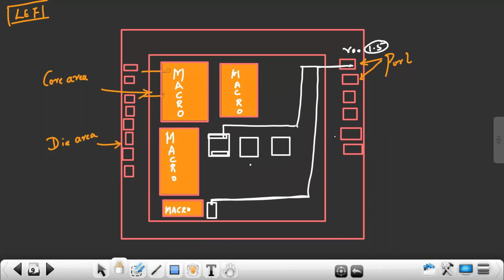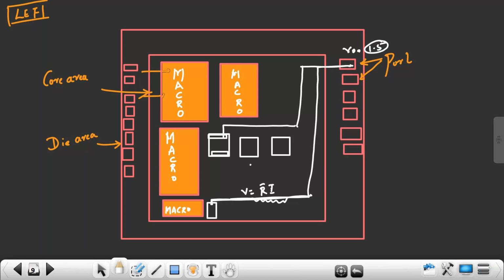When current is flowing through a metal layer, this metal layer also has resistance. According to Ohm's law, R times I results in what? Voltage drop V. The resistance increases with an increase in the metal layer length.